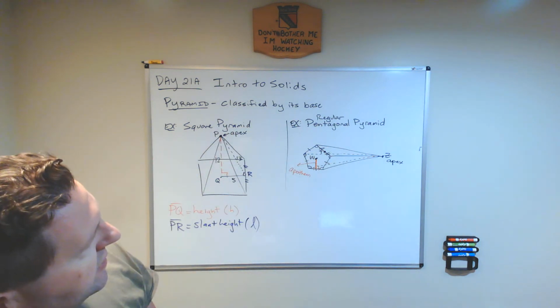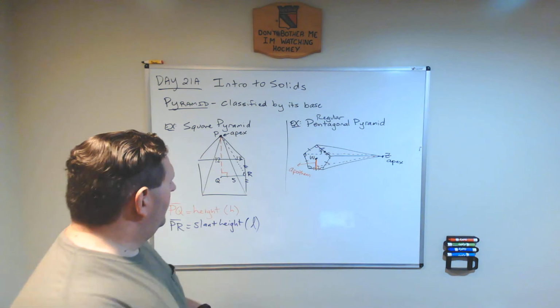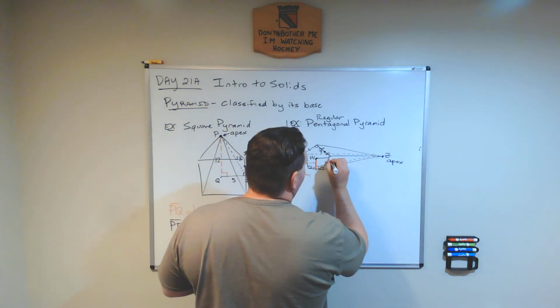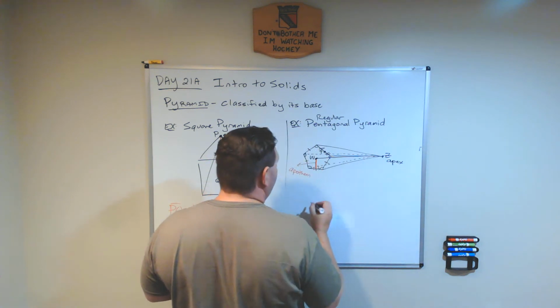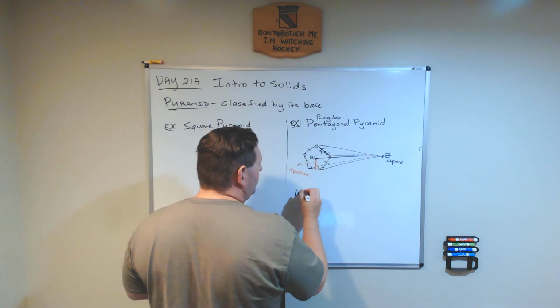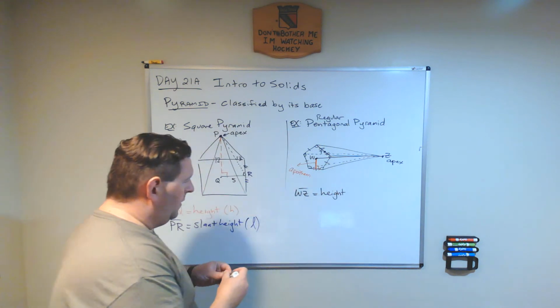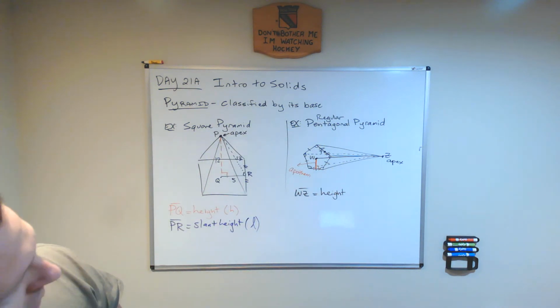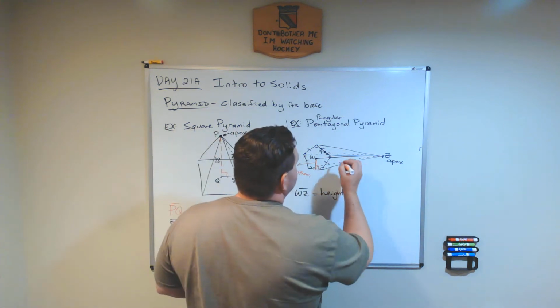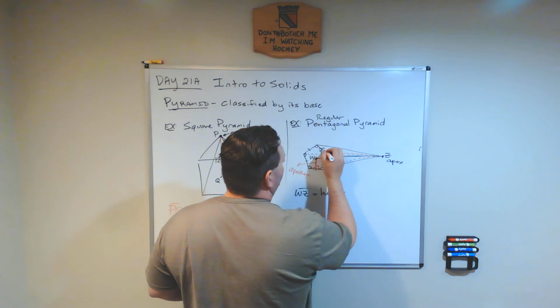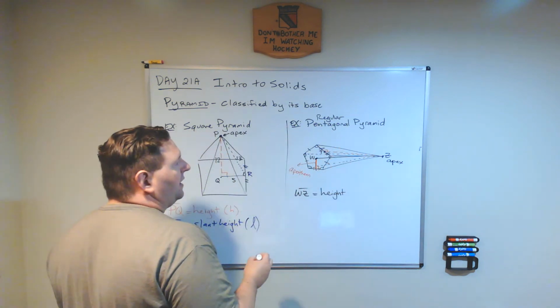So WZ, from here to Z, is your height. And then Z to T, along the face of it, is your slant height.